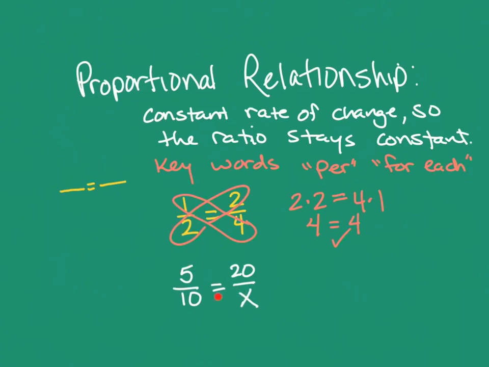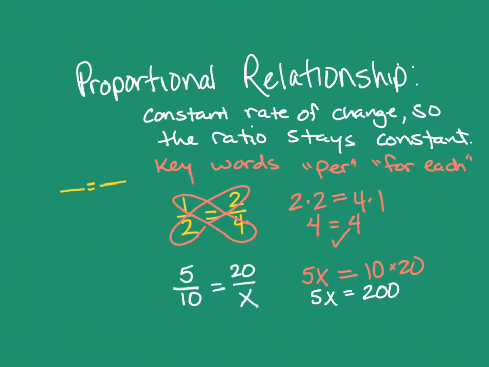So I will multiply 5 times x, which will just give me 5x, and that has to equal 10 times 20, still 5x equals 10 times 20 is 200.